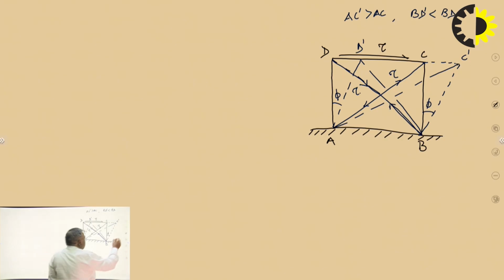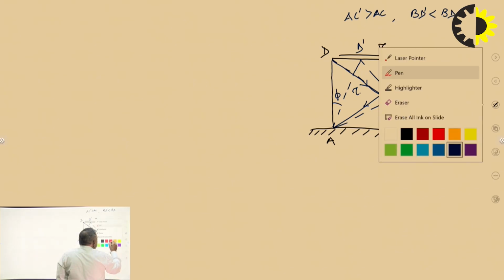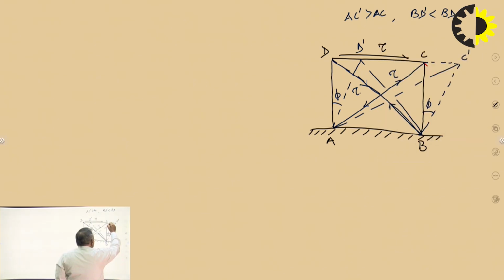Now from C, I drop a perpendicular on AC prime. I suppose this is M. Now I will try to find out the change in the diagonal AC.